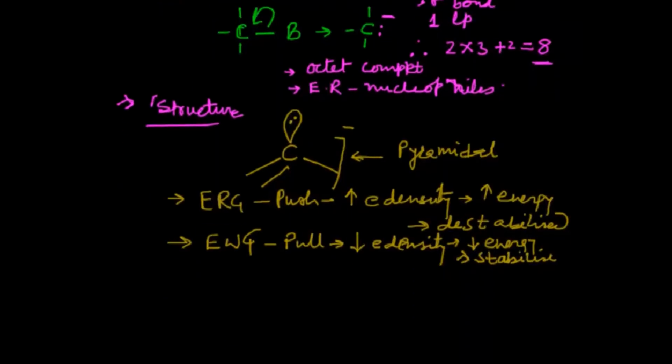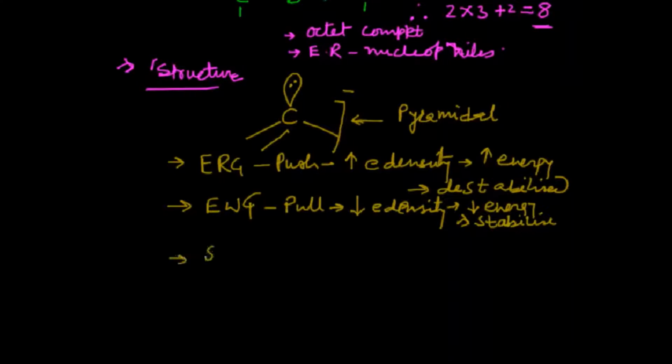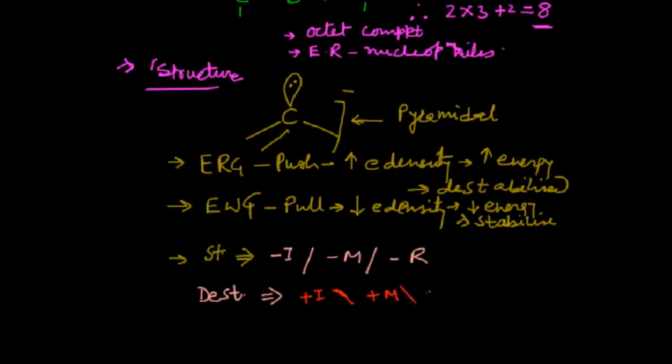So on this basis, we can say all stabilizing groups are like this: minus I, minus M, minus R. And destabilizing groups are plus I, plus M, and plus R. So these are destabilizing groups, whereas those are stabilizing groups.